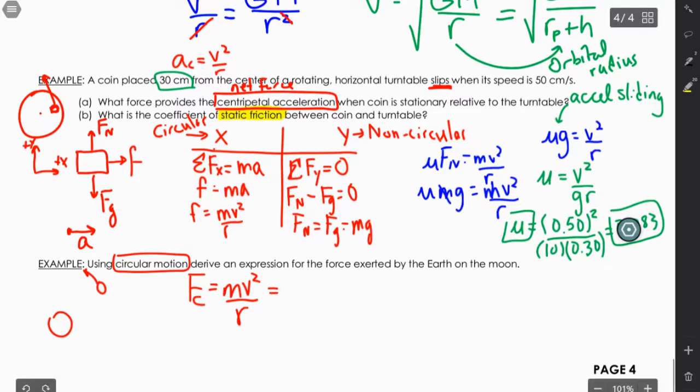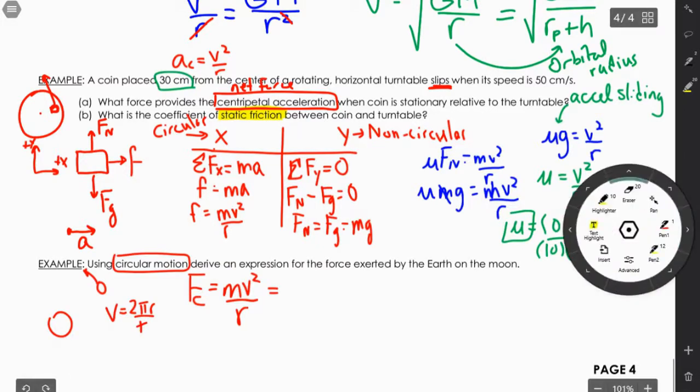Remember, if we have an object going around in a circle, and it takes a certain period to do that, this is our equation, and that should be a capital T. Let me fix that. Remember, the period is capital T. So we just plug in our expressions. We've got m, the mass of the moon. v is now 2 pi r over T, squared, over our radius.